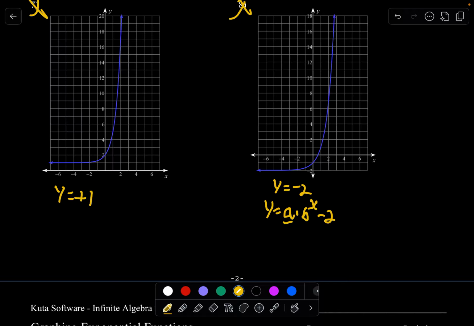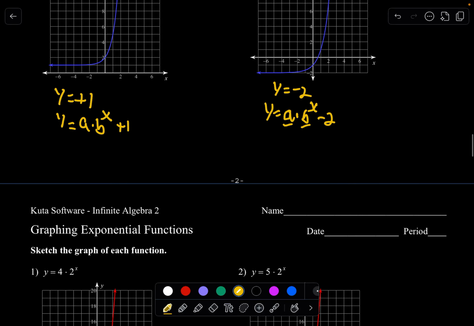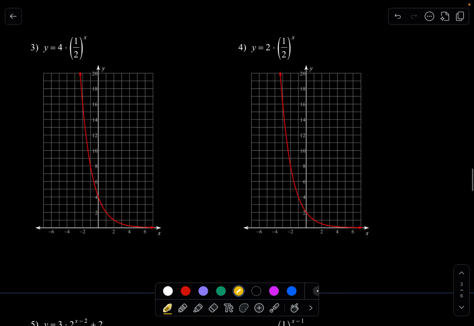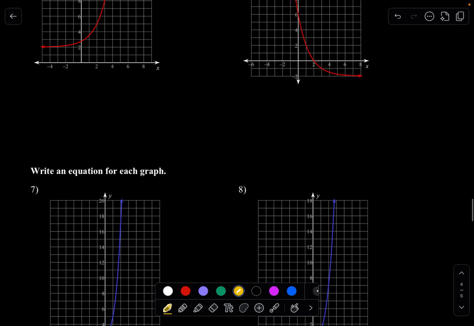You would have to figure out what a and b are, which is not that tough, but we're not going to do that. And this one would be y equals a times b to the x plus 1. Okay? Now, I gave you the graph solutions here, so you can see what the solutions are.